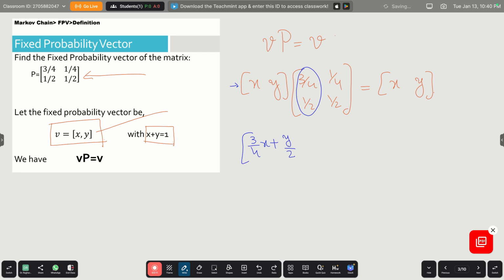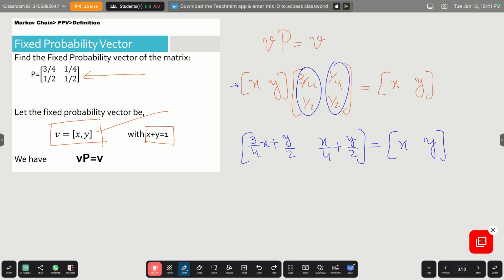The second component I get by multiplying with the second column: 1 by 4 x plus 1 by 2 y. This is the vector I got after multiplying V and P. And the right hand side is just XY.